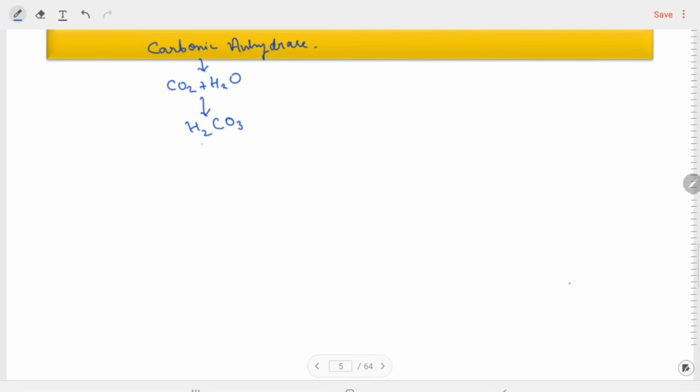And this carbonic acid, in the presence of carbonic anhydrase, gets converted into hydrogen plus bicarbonate ion.